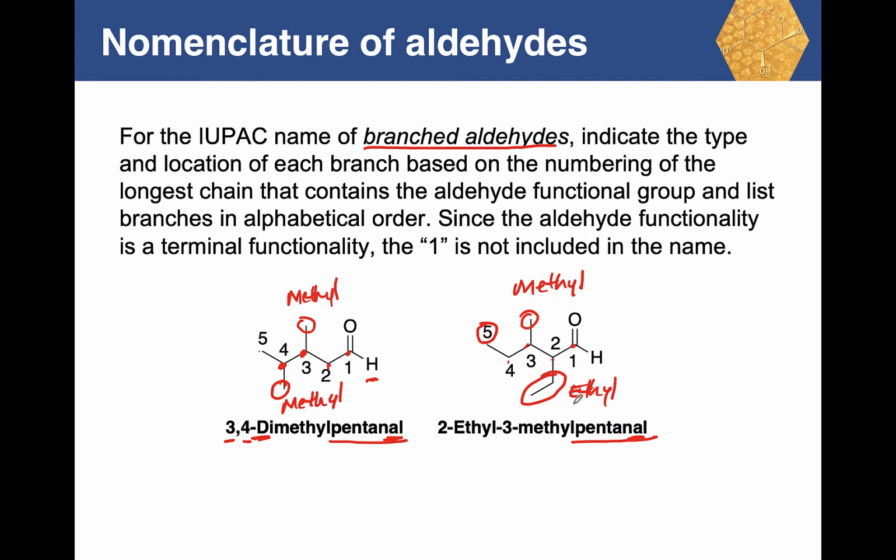As we know, E comes before M. So it's a 2-ethyl, because it's on carbon number 2, and a 3-methyl, because this methyl group is on carbon number 3. So the name is 2-ethyl-3-methylpentanal. It sounds like a complex name, but as you see, it's just a combination of different portions of the molecule.